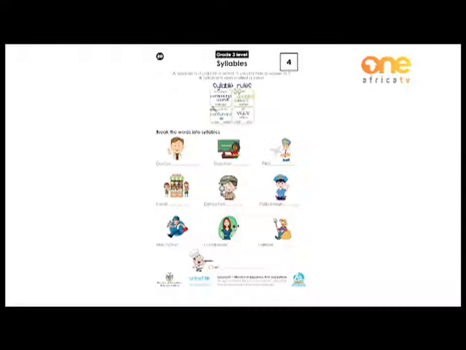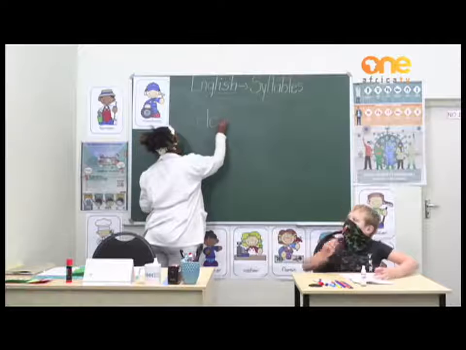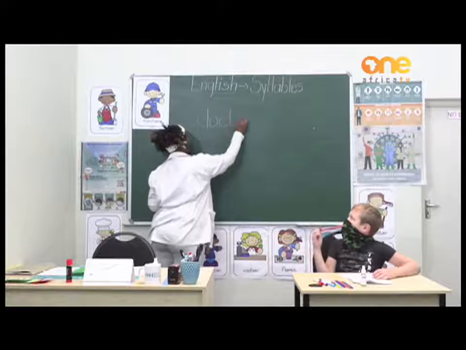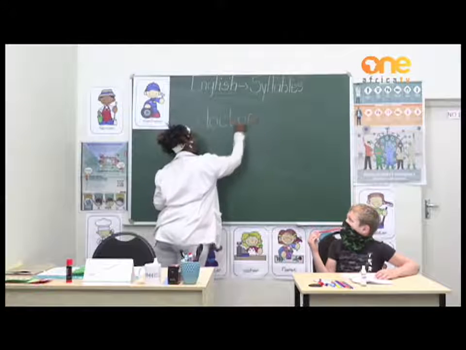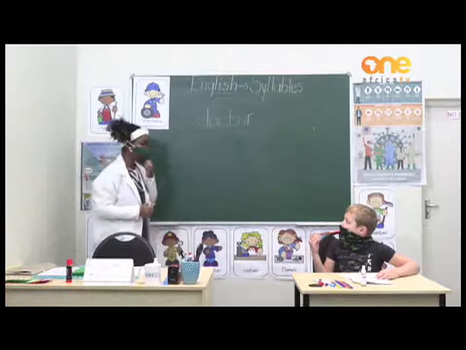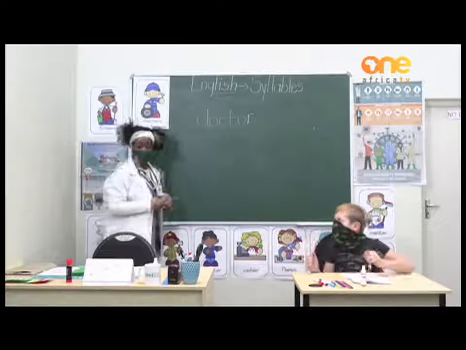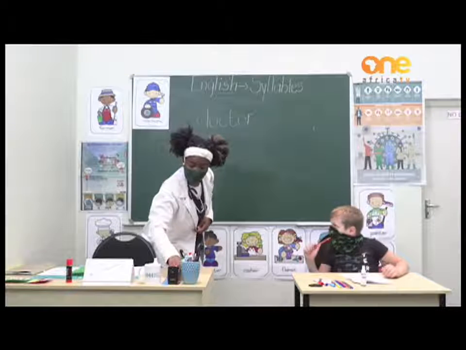All right. Okay, now let's quickly look at the word doctor. I will write the word doctor here on the chalkboard. Doctor. Okay, so we have rules when it comes to breaking up the words. It is not just about clapping out the words. Can you still remember our vowels?